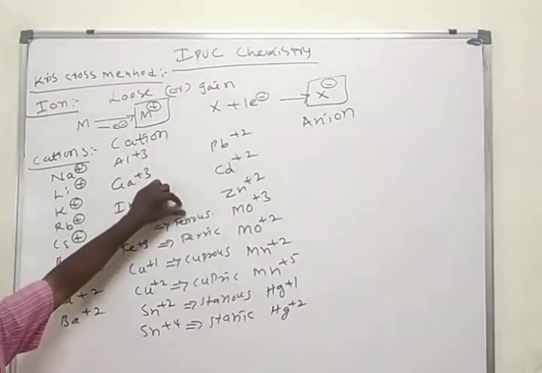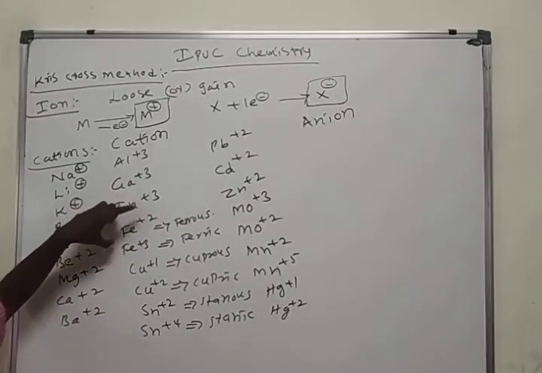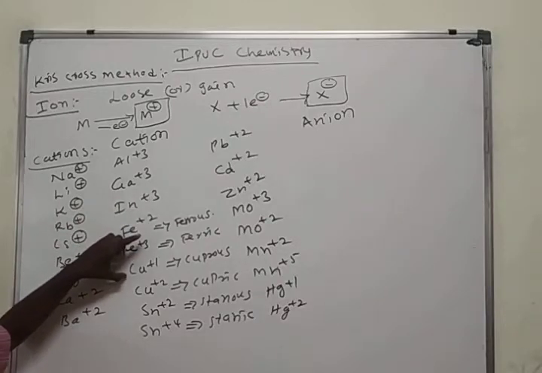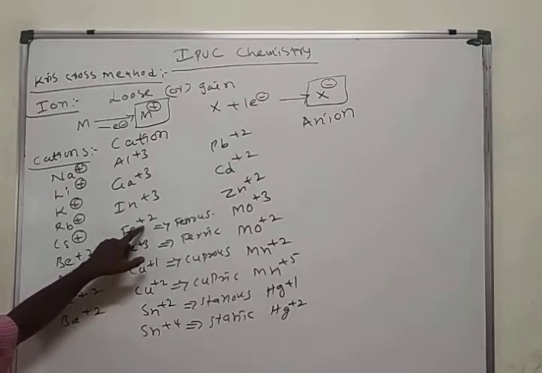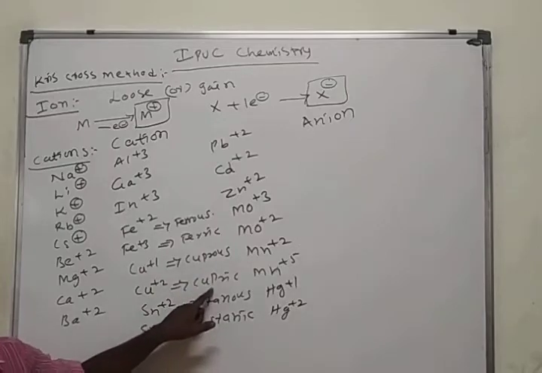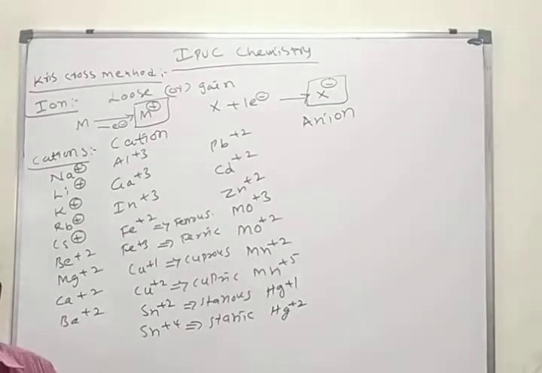Fe plus 2 we call ferrous, Fe plus 3 ferric, Cu plus 1 cuprous, Cu plus 2 cupric. What is this confusion?